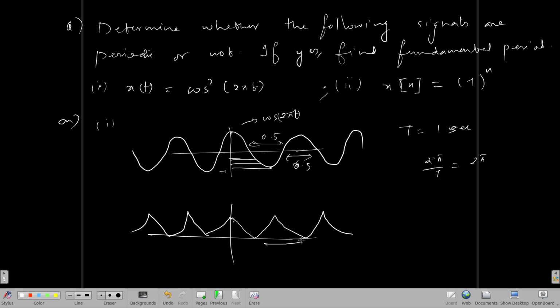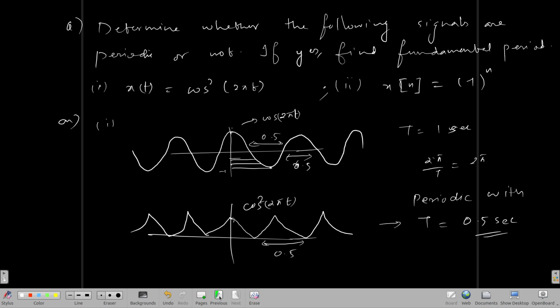The same 0.5 is repeating. Therefore for cos squared 2 pi t, T is equal to 0.5 seconds. So yes, this is periodic with T equal to 0.5 seconds. That is the answer to the first question.